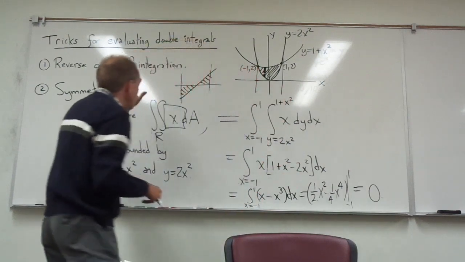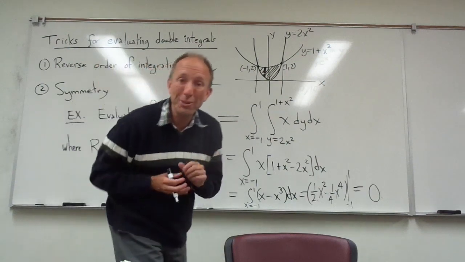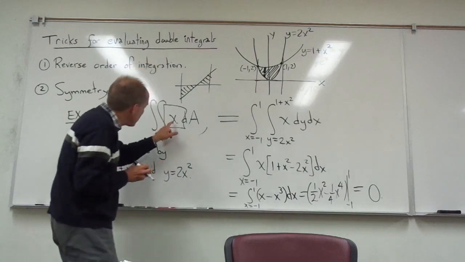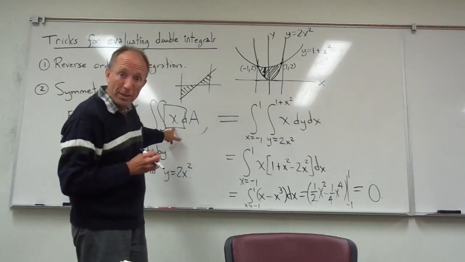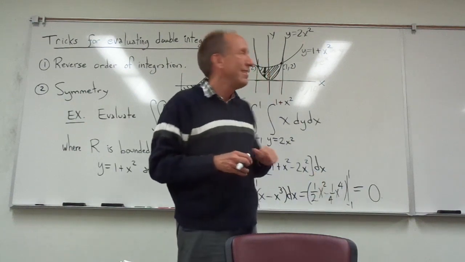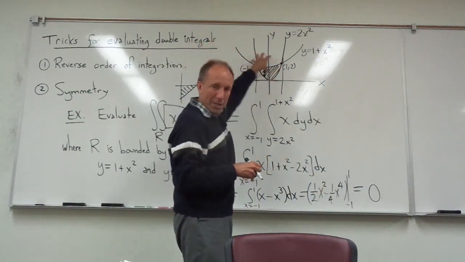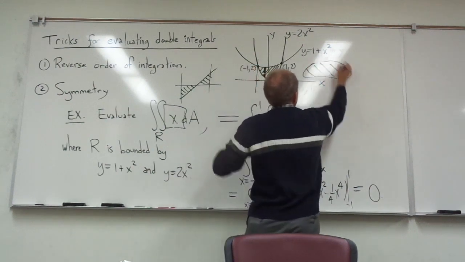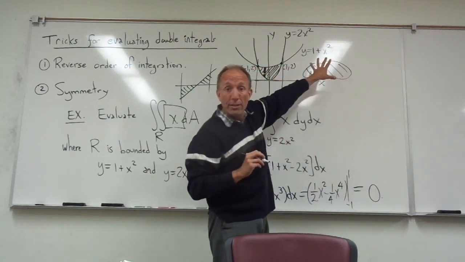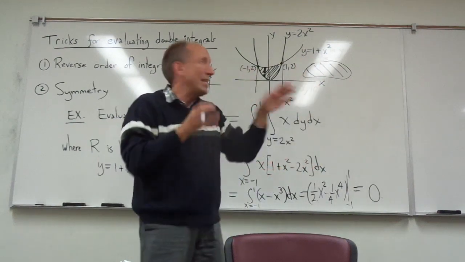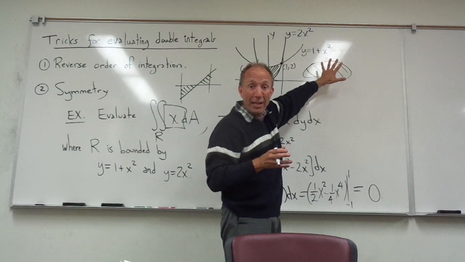This double integral is not telling us the volume underneath this surface anymore, because this function is negative. It's below the xy plane for part of this region. Now, if my region was over here somewhere, where x is always positive, then yes, the double integral would tell me the volume underneath that surface and above this domain.